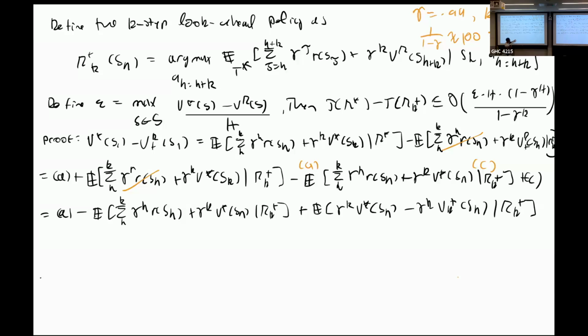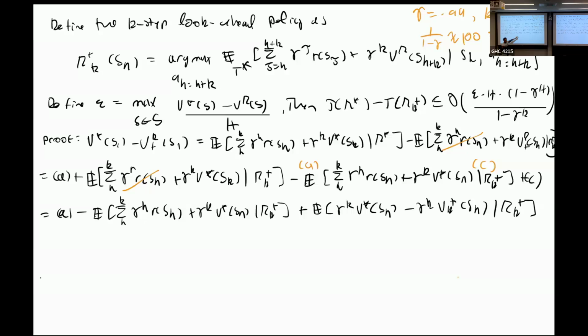We don't actually know what this V star thing is, but we do have a guarantee that wherever we are in the state space, this V star is bounded by epsilon times h, and it doesn't depend on what s_h we're in. So I'm going to swap out this guy for V pi, and I'm going to pay a cost of epsilon times h. And I'm going to do that in both this term A and this term here.